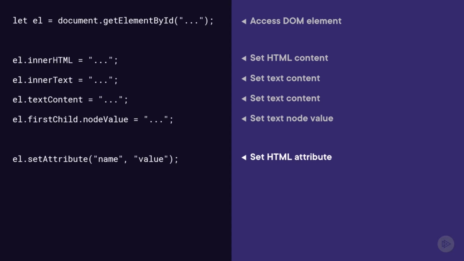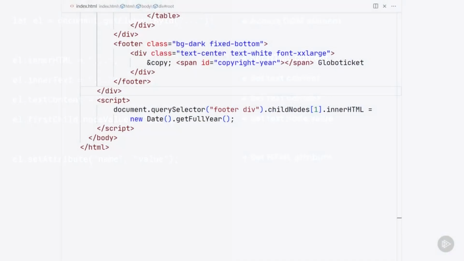We could also read out an existing attribute by using the getAttribute method. And these are the major methods to change specific text and to some extent markup and attributes in the DOM.